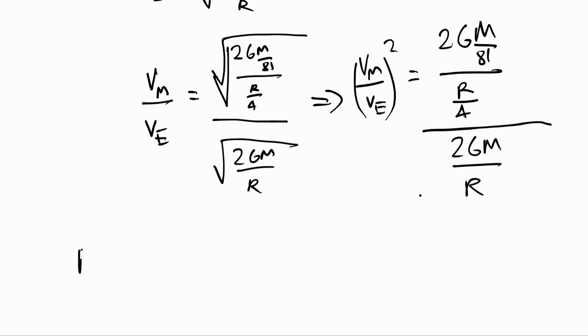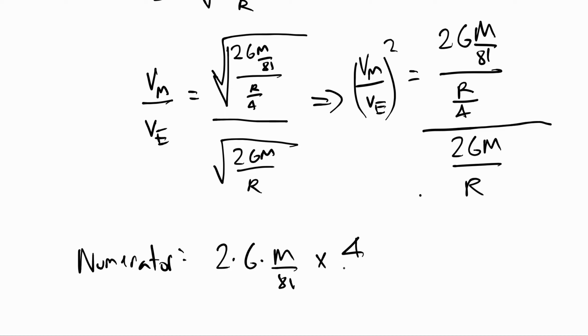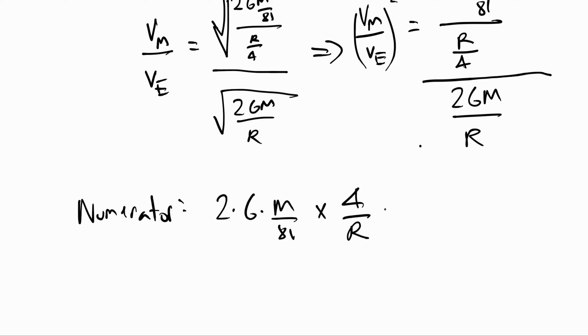So for the numerator, let's simplify it, we just take the reciprocal, so 2 times G times M over 81 multiplied into 4 over R. Okay, now that just equals 8GM over 81R.